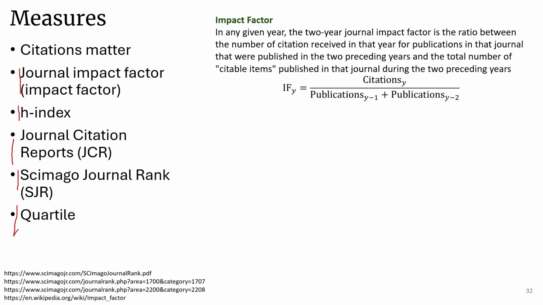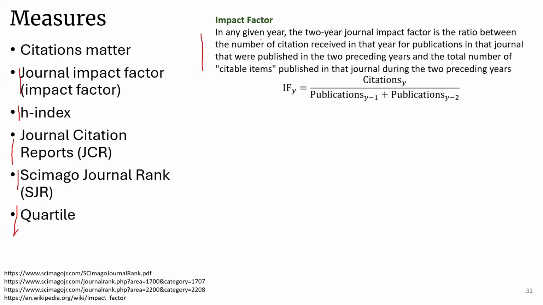So if we take the impact factor, let's take this one. To understand what impact factor is: in any given year, the 2-year journal impact factor is a ratio between the number of citations received in that year for publications in that journal that were published in the 2 preceding years, and the total number of citable items published in the journal during the 2 preceding years.